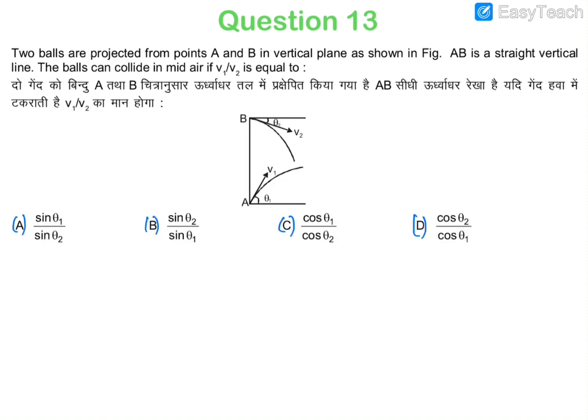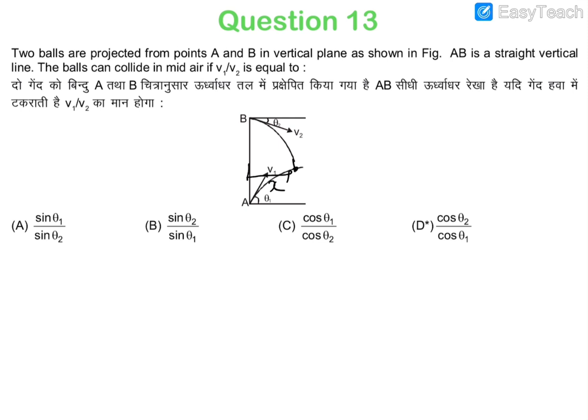Now next, in this question, you can see that these two balls are projected from point A and B in the vertical plane as shown in the figure, and AB is a straight vertical line. It is given that these balls collide in mid-air, and we need V1 upon V2. Obviously initially they are on the y-axis, and at the time of their collision the distance traveled by them in the x direction will be the same in the same time.